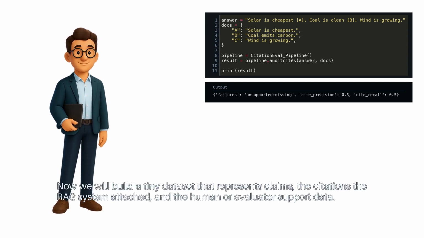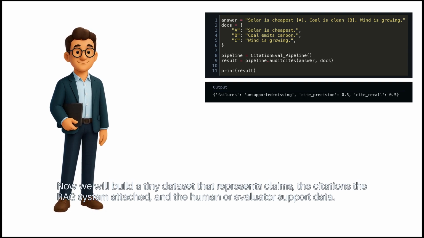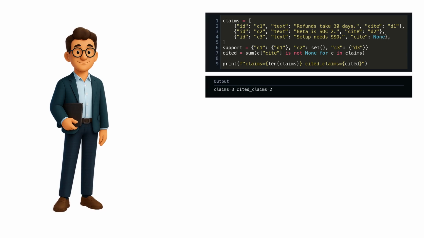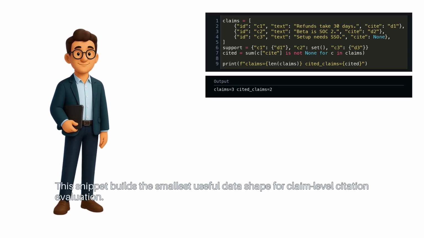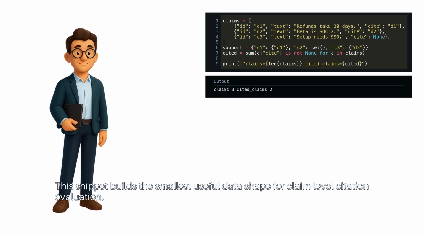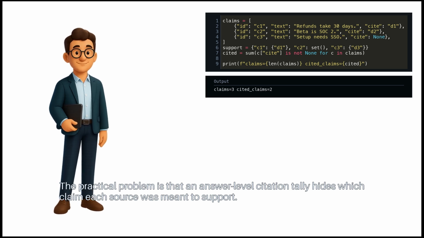Now we will build a tiny dataset that represents claims, the citations the RAG system attached, and the human or evaluator support data. This snippet builds the smallest useful data shape for claim-level citation evaluation. The practical problem is that an answer-level citation tally hides which claim each source was meant to support.